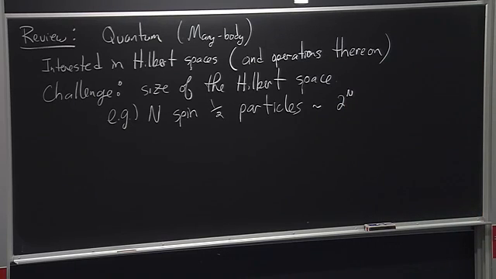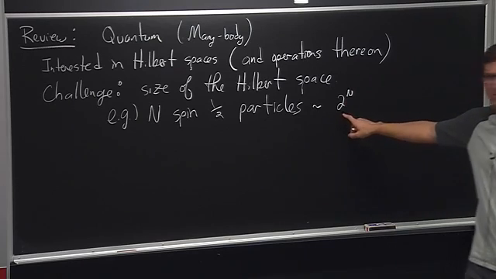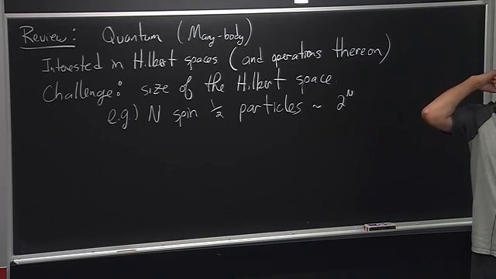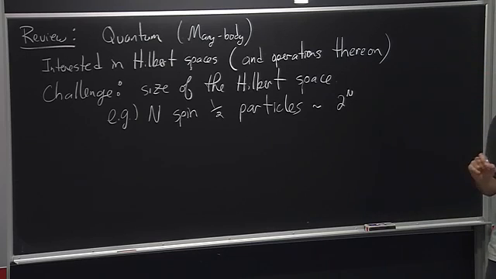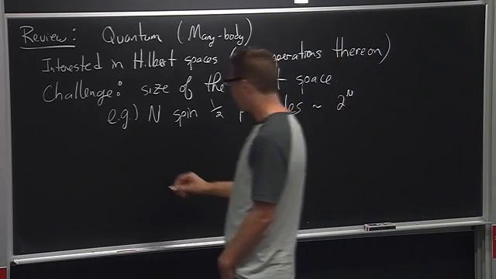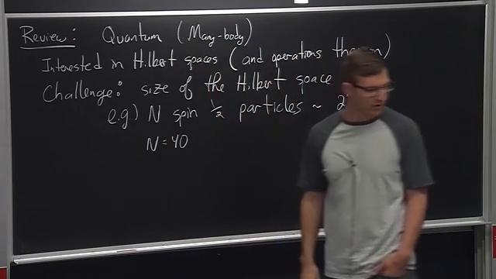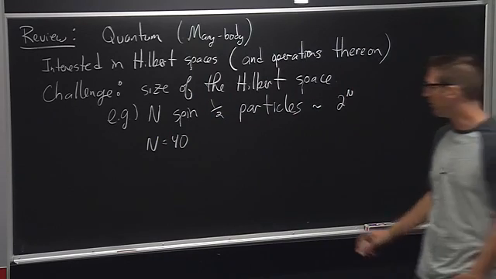And that's where all the problems lie, of course. If you're interested in even representing, even writing down the Hilbert space, that number is exponentially big. Say n is something like 40. 2 to the 40 is, I wrote it down, 10 to the 12.